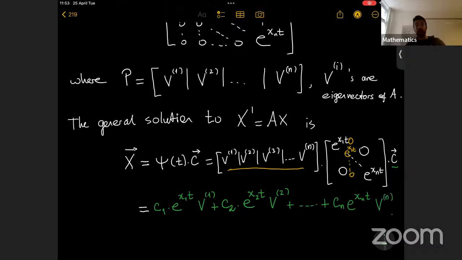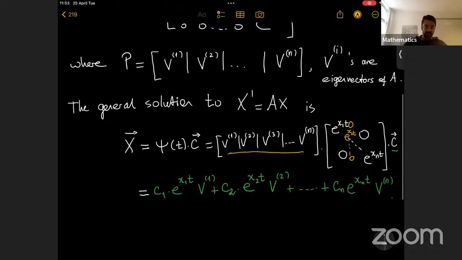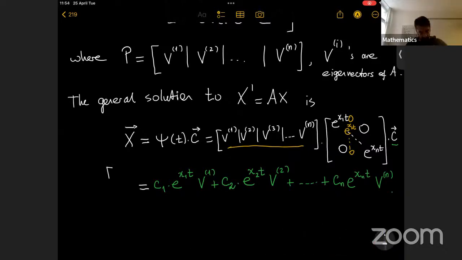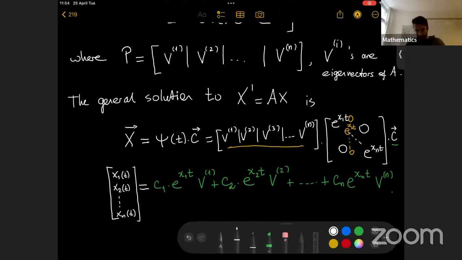Okay. Well, this tells you basically, remember this is x. What is x? X is the vector with x1(t), x2(t), xn(t), and we only need x1 because we say x1 is equal to y.